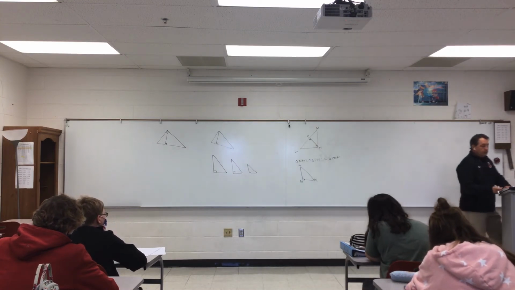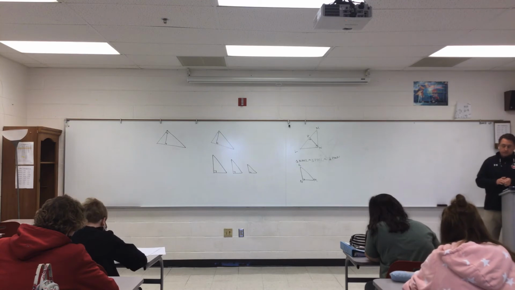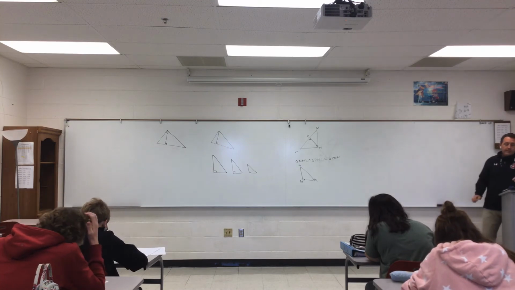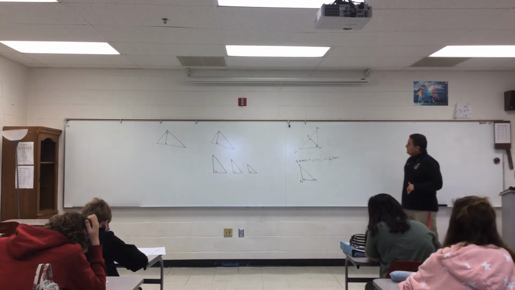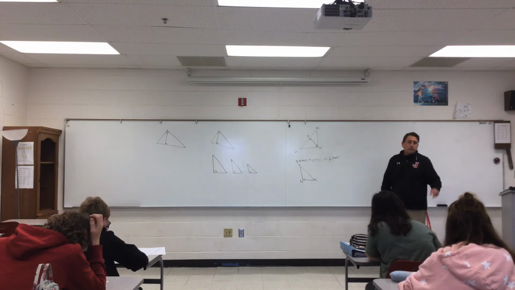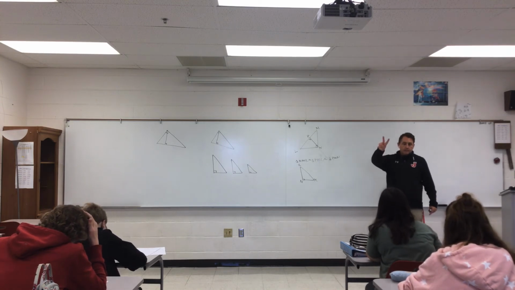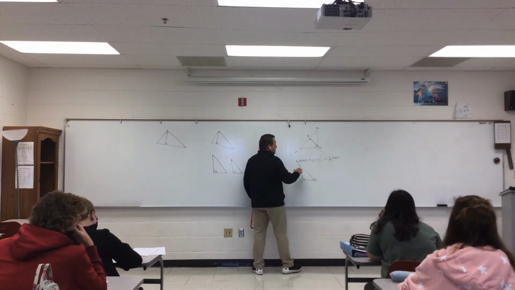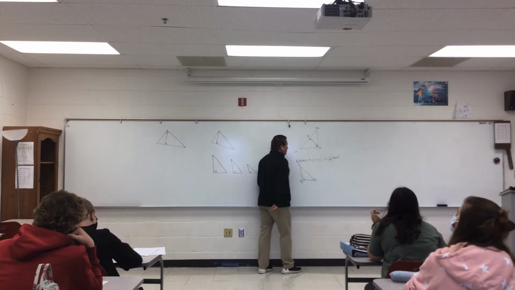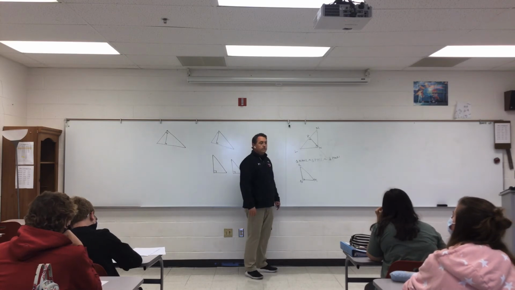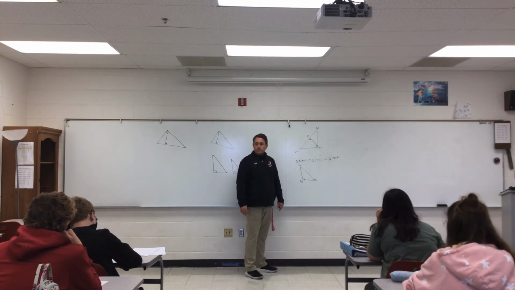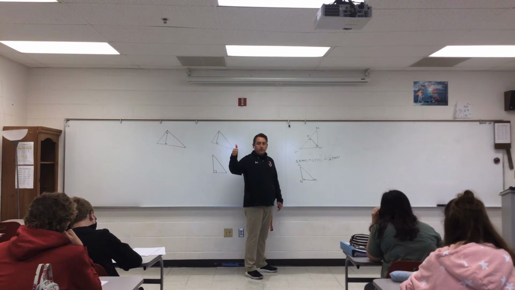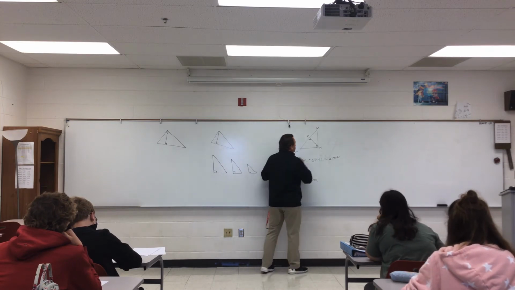Okay, now, next what we're gonna talk about is why are these similar? How many angles do we have to show two triangles are similar? We just need to have two, right? So do you guys agree that in all of these triangles, we have a right angle? Correct? So we have one. All we need is another one. Well, here's what happens.